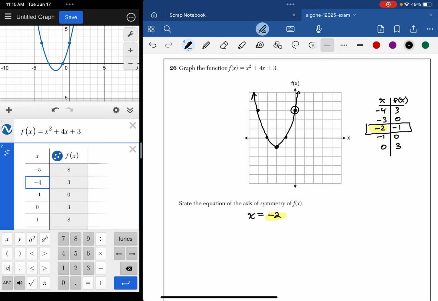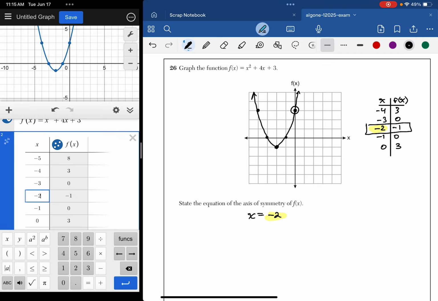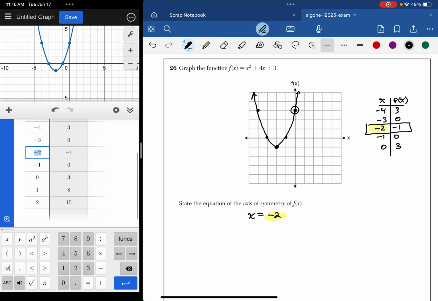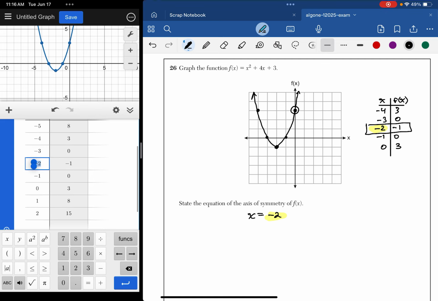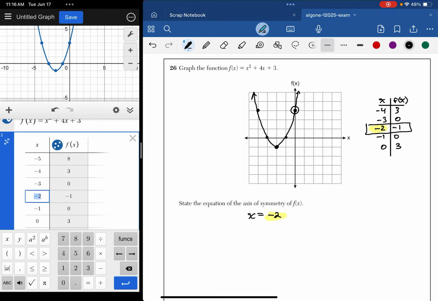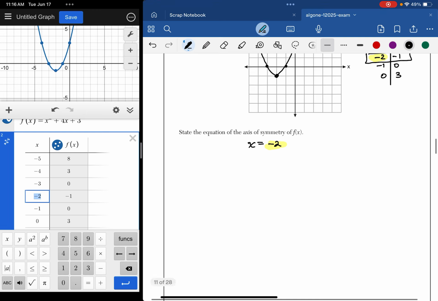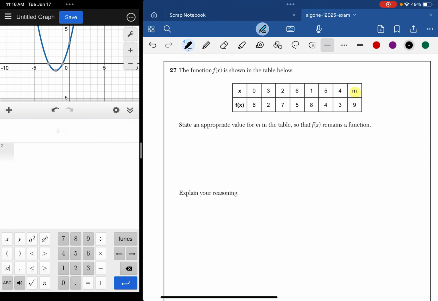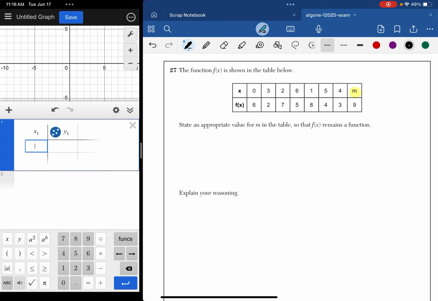Then -4, -3, -2. I got my -1, so I'll just keep that. Then 0, 1, 2. You can go as far as you want. But you get that clear turning point. It goes from 0 to -1 and then back to 0. So you can get your axis of symmetry that way also. All right, so I figured it was worth talking about. But in this one, we'll do it by table.